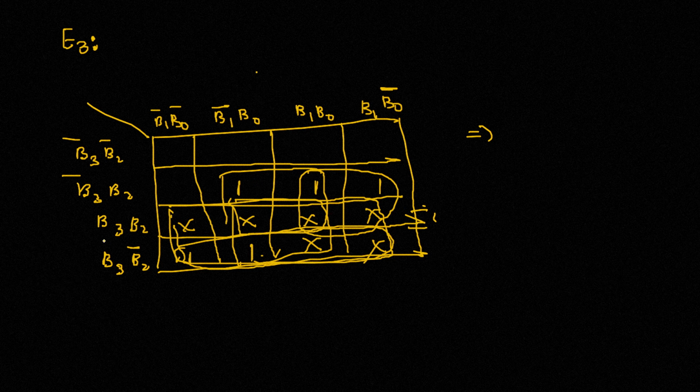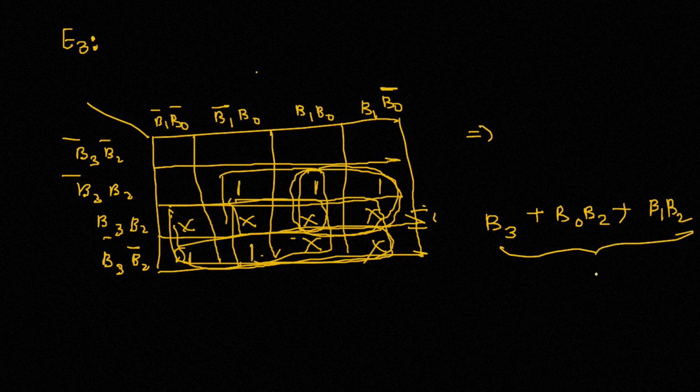For the last 2 rows, the only thing that we have in common is B3. So we have B3. Then we have this 4 group, which is B0 and B2. So we have B0, B2. And the last grouping that we had was this 4 group over here, which is B1, B2. Right? So this is the final expression for E3.